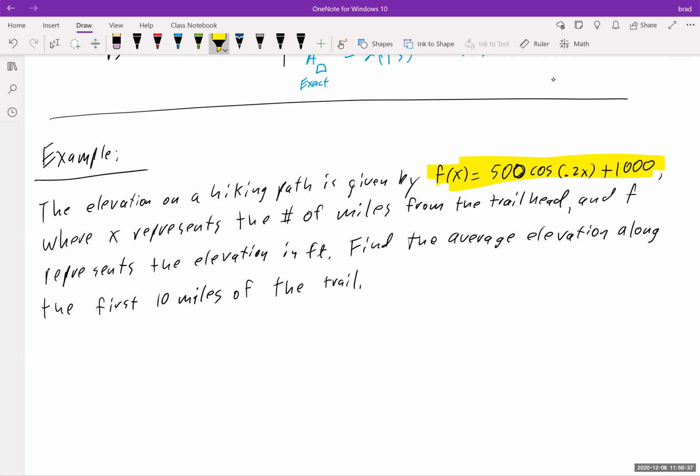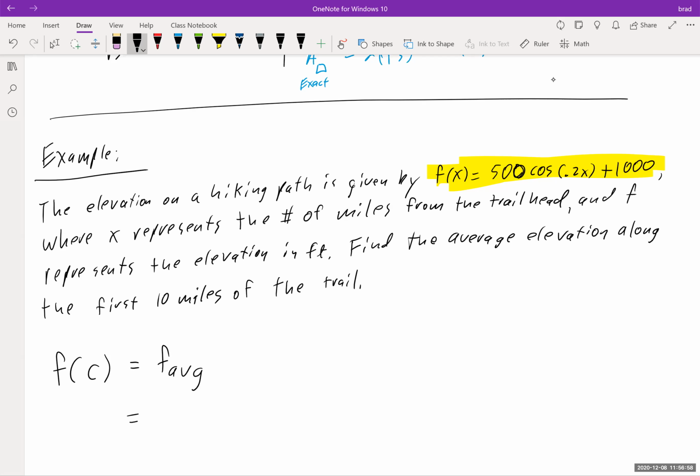Okay, so the first thing we have to do is set up f of c equals... We know that f of c equals f average.